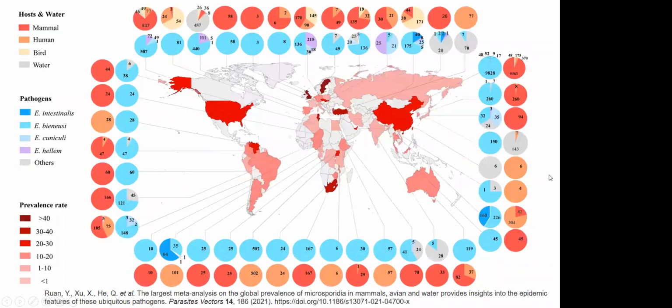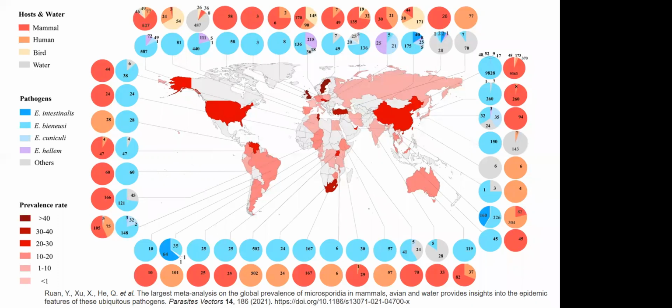And just to give you an overview of, well, firstly, this gives you an idea of the wide geographic range of these organisms, and basically they are wherever you look for them.